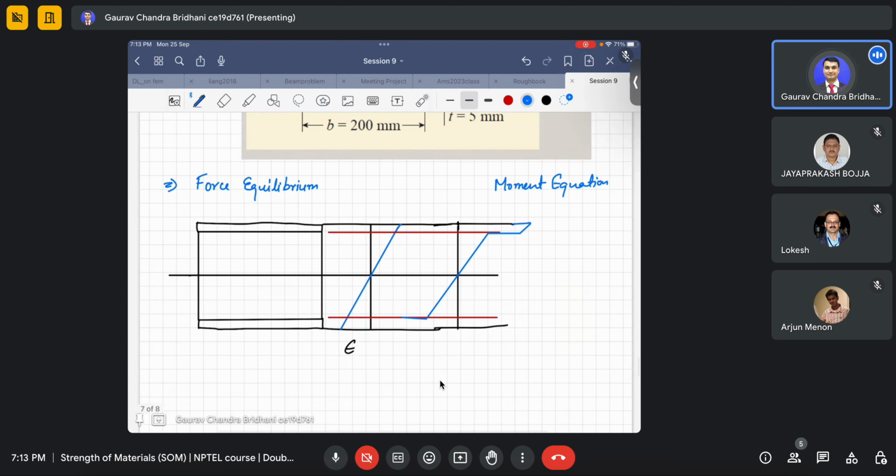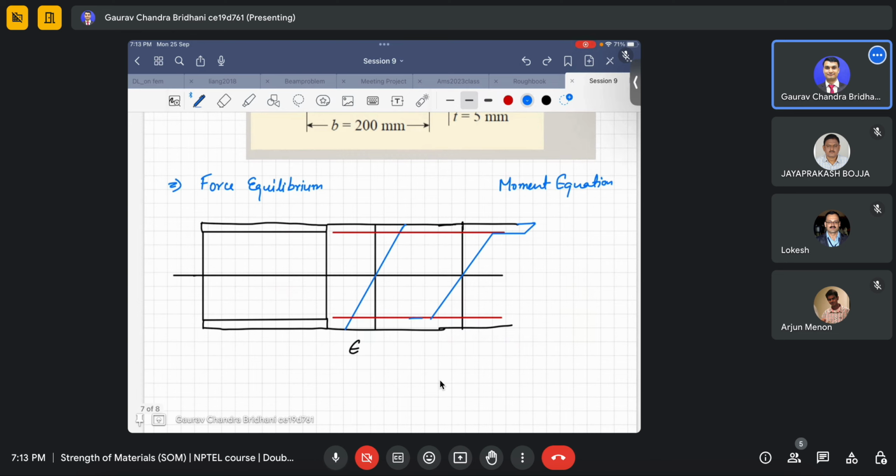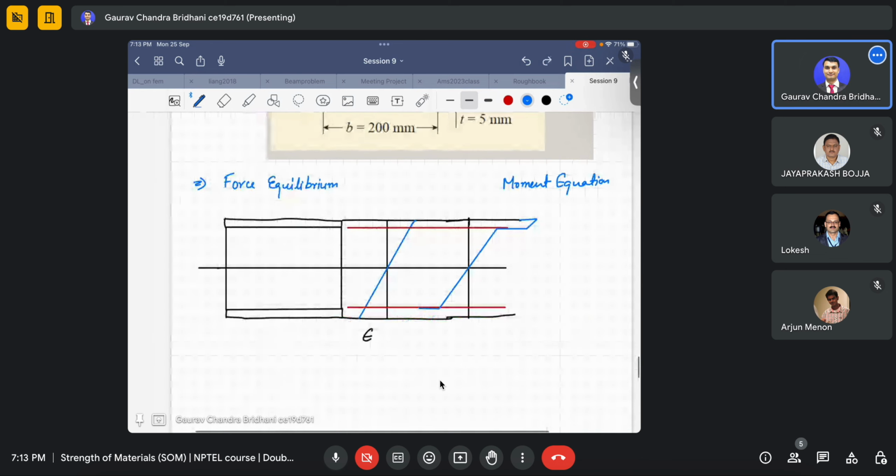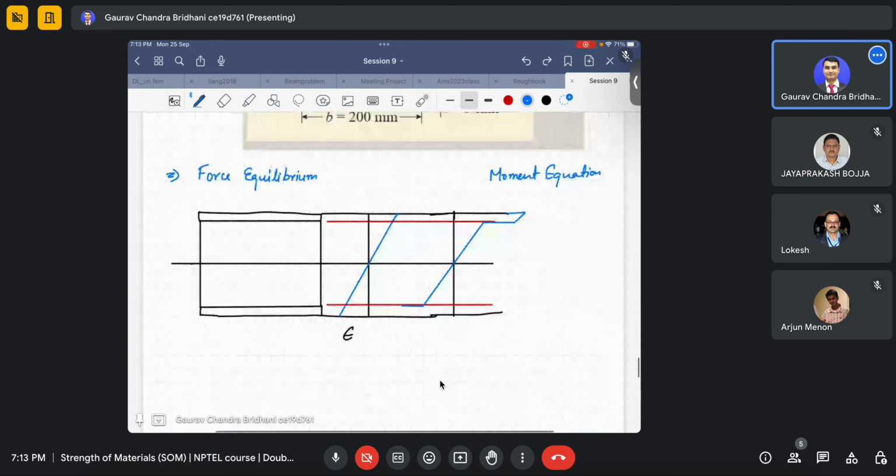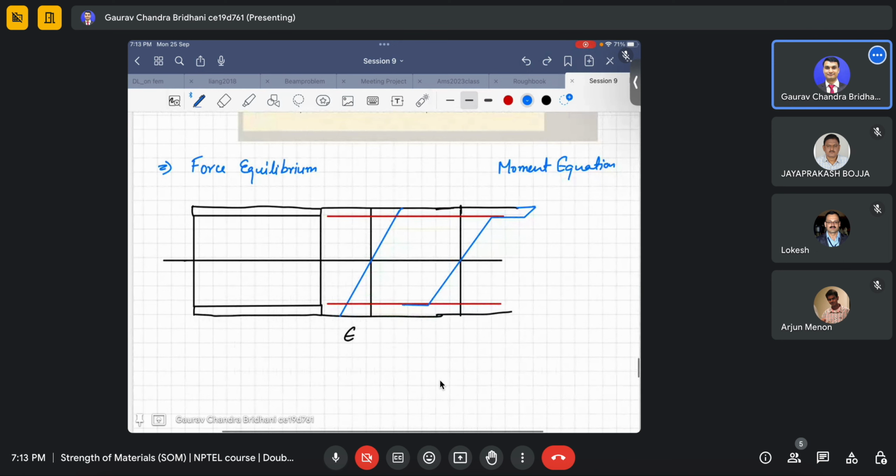Similar thing will happen at this end, and it will also vary like this, correct.